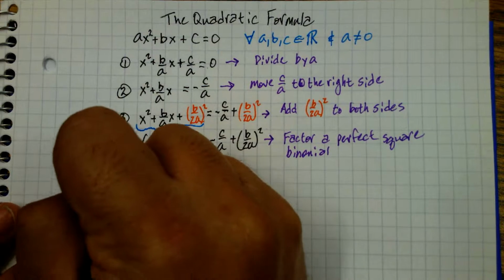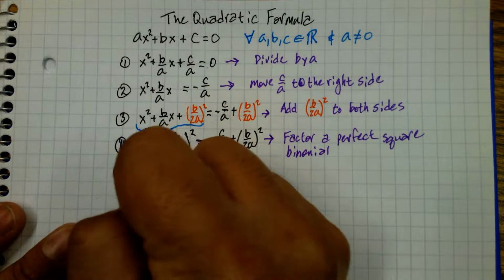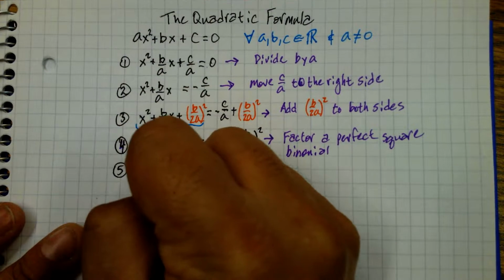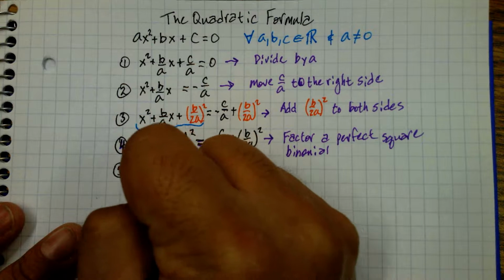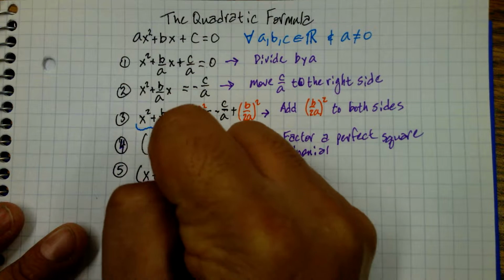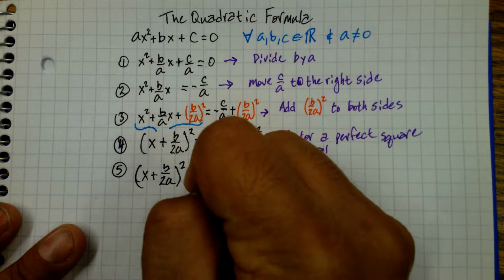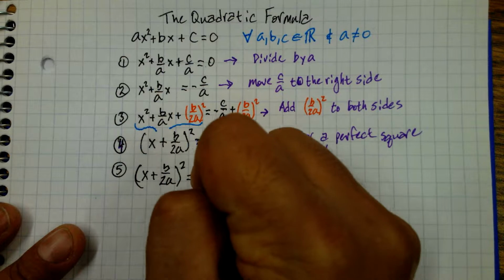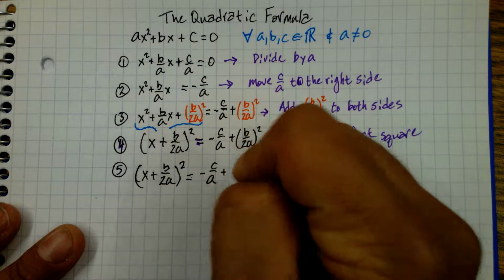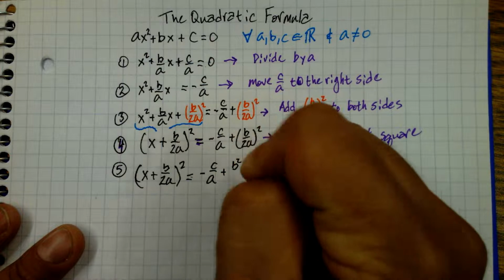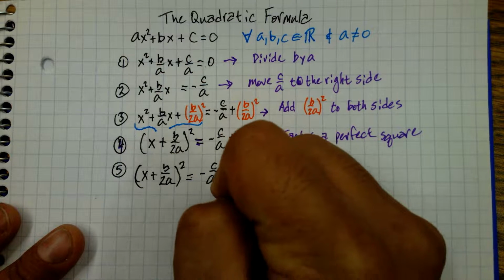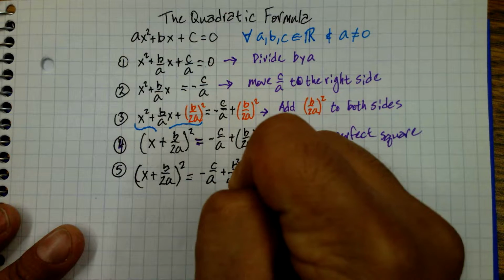So step 5, we're going to still have x plus b over 2a. We're basically just cleaning things up so then we can take the square root, and we get negative c over a. We're going to leave that alone. Plus b squared over 4a squared.